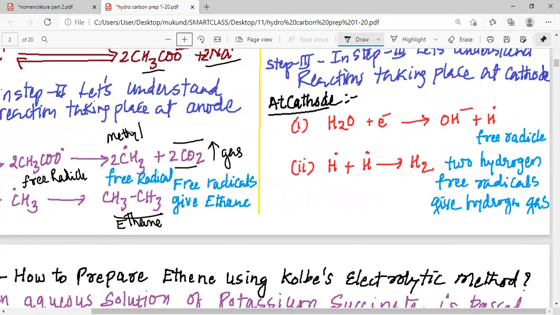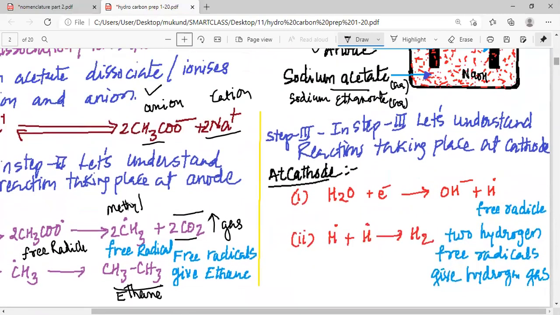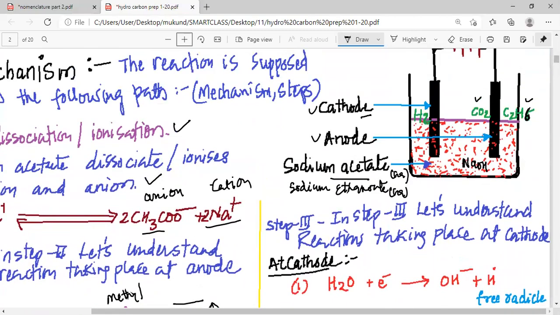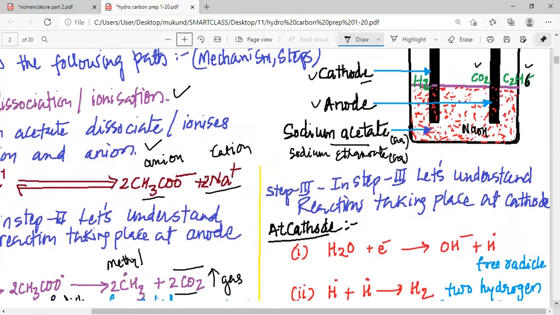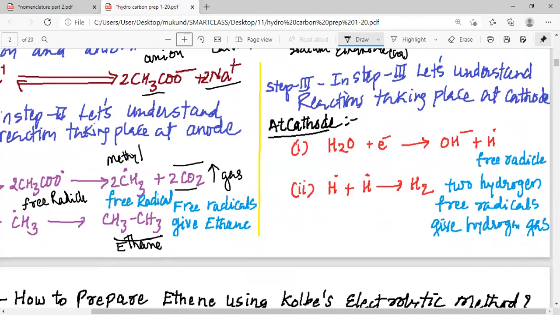Now let us see what happens at cathode. In step 3, let us understand the reaction taking place at cathode. You can see that at cathode we have water molecule which takes the electron and produces OH minus ion and hydrogen free radical. And these two hydrogen free radicals combine to give us the hydrogen gas.